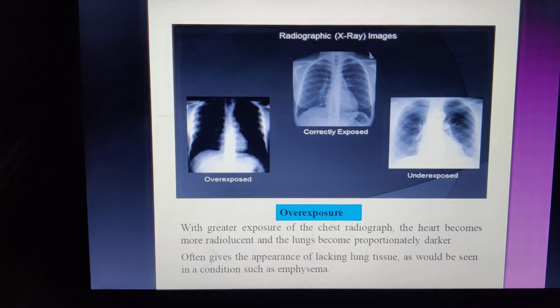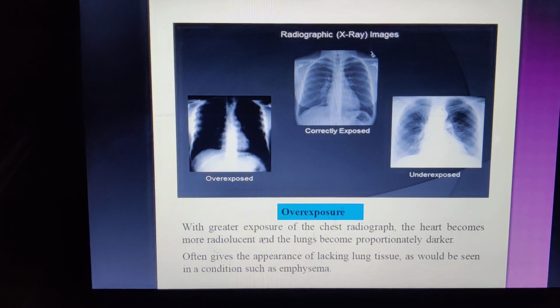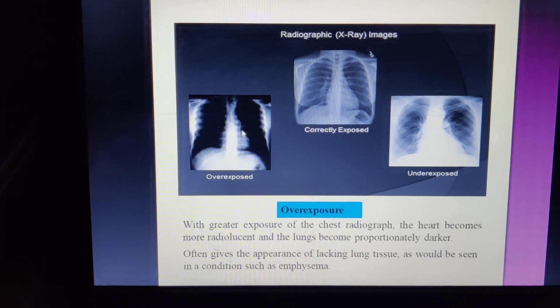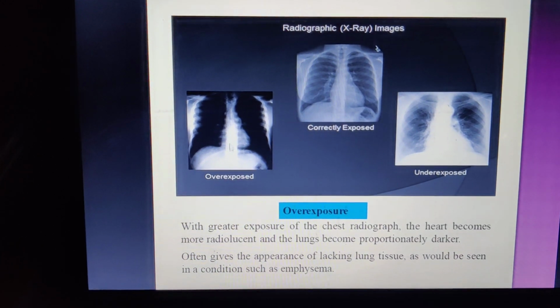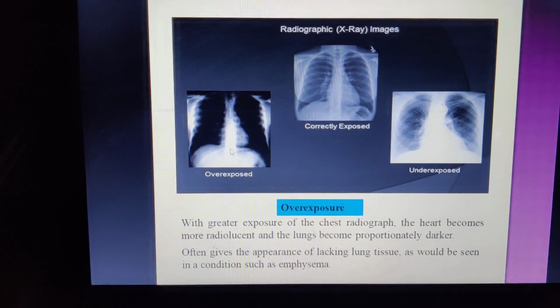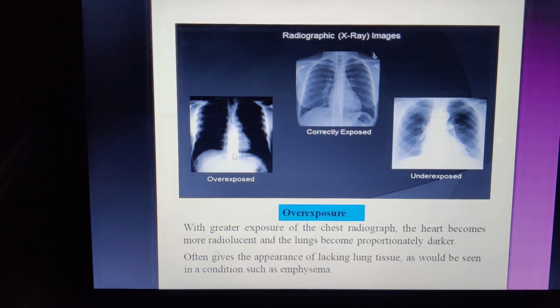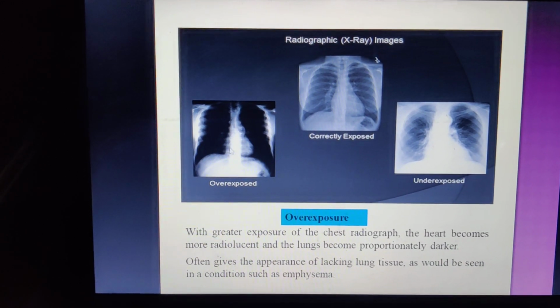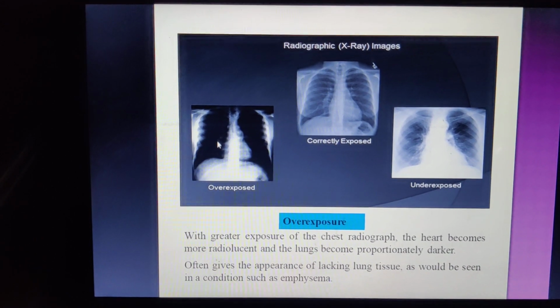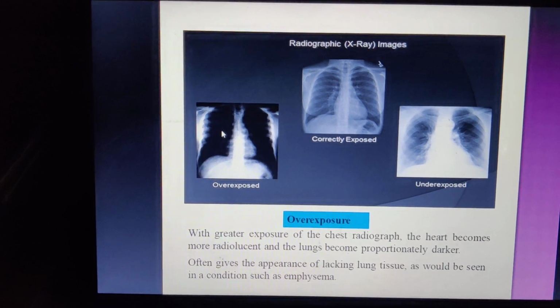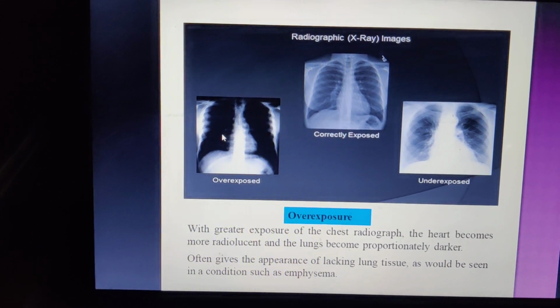If there are abnormalities in the lungs, due to the overexposure, they will not be seen. In overexposure, you can see more than 4 thoracic vertebrae, as I told. And if there are lesions in the chest, in the lungs, they may not be easily visible.